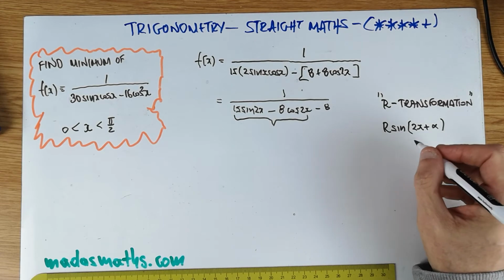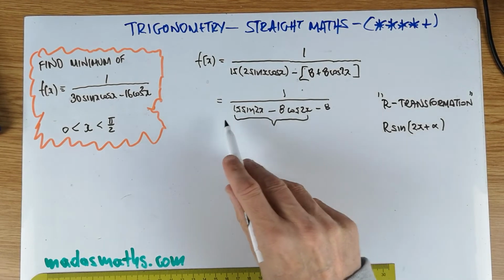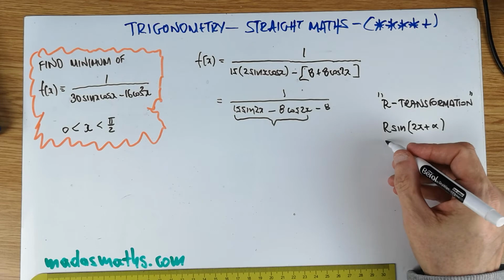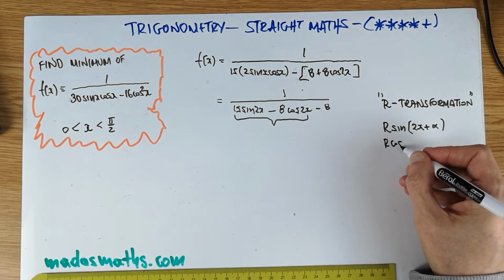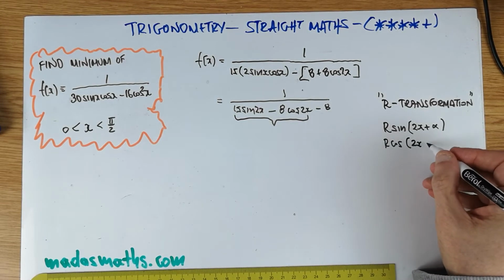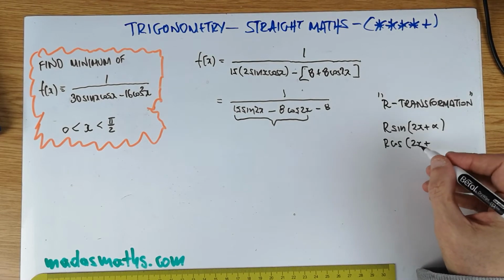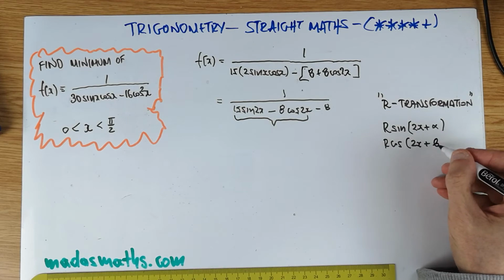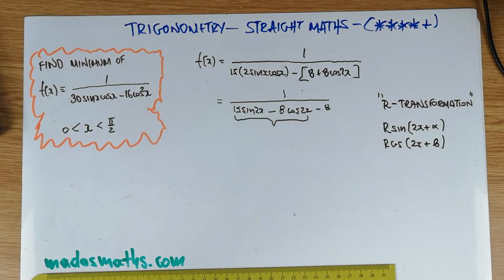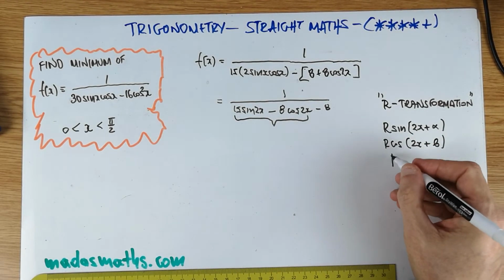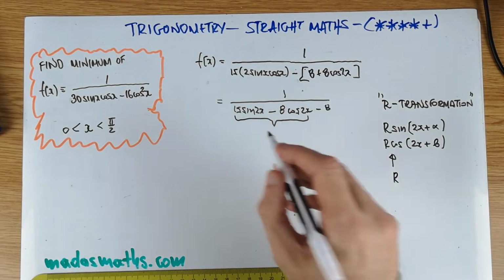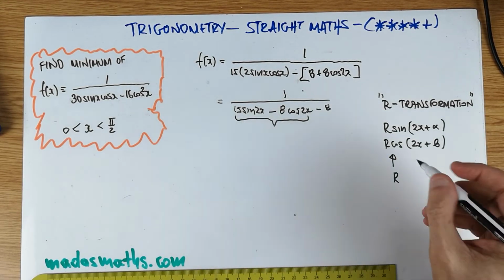Here, writing it as a cos is going to be a bit of a pain. You have to be very careful. I have to factorize a minus. But if you allow me, I'm going to kind of fudge it, and hopefully nobody sees what the problem might be with this. So we can write it as r cos of 2x plus beta, a different phase angle now. But the r, of course, is identical for both of those. And the r is Pythagoras of those two numbers at the front.